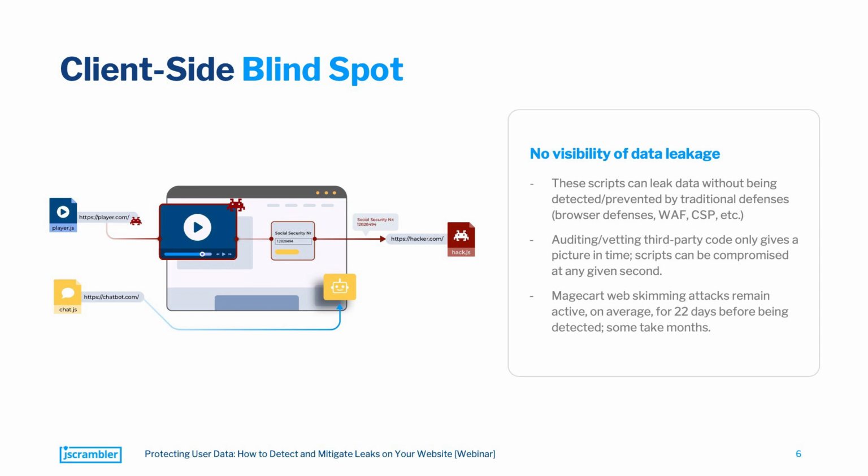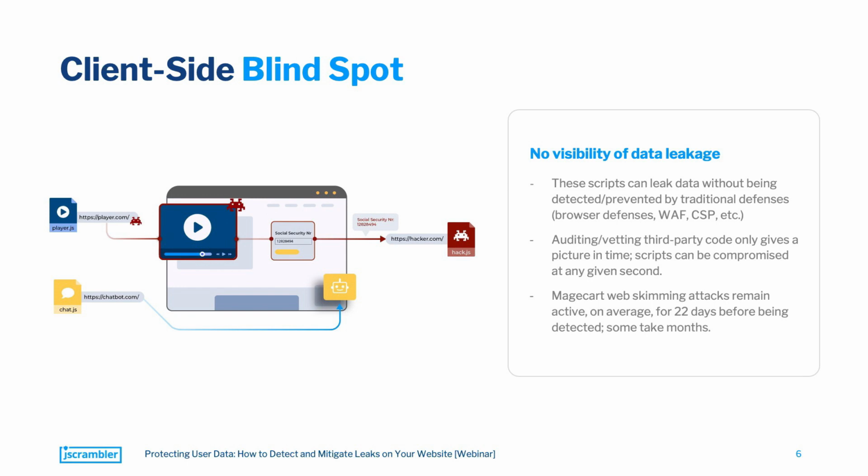Code review only shows you a picture at a point in time: what the third-party scripts on your page are doing, what vulnerabilities they have, what is the quality of the organization that is producing this third-party code. It provides little to no continuous protection in case one or more of these website scripts is compromised or suddenly starts leaking your users' data.